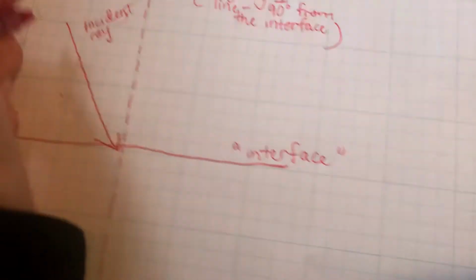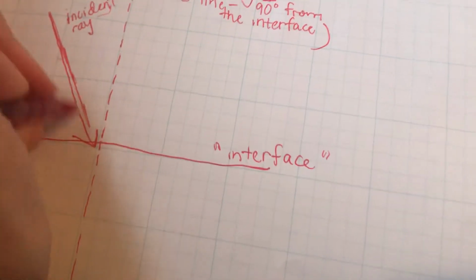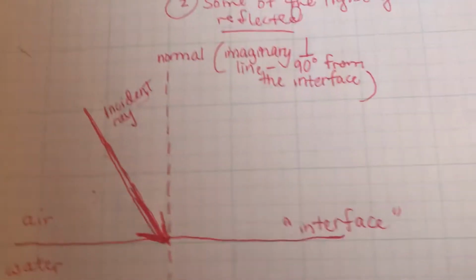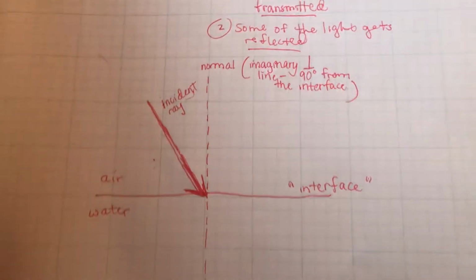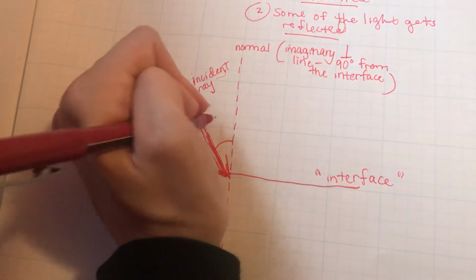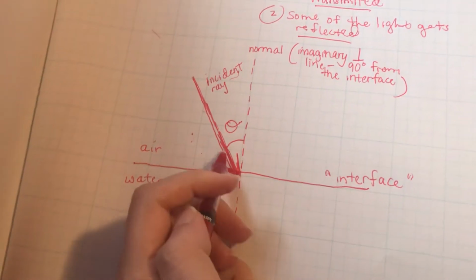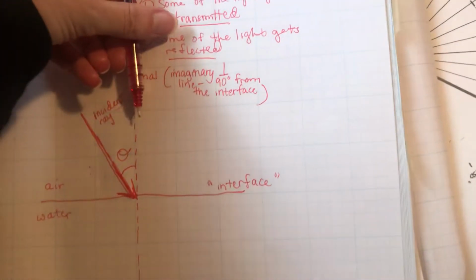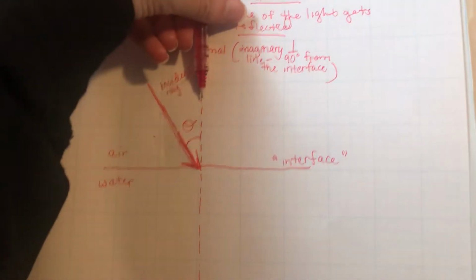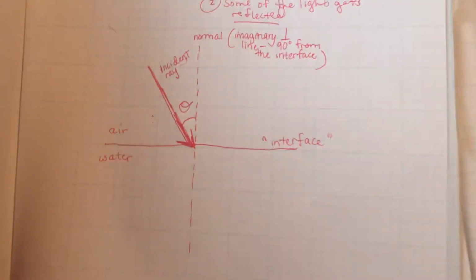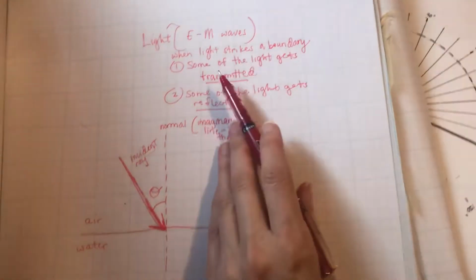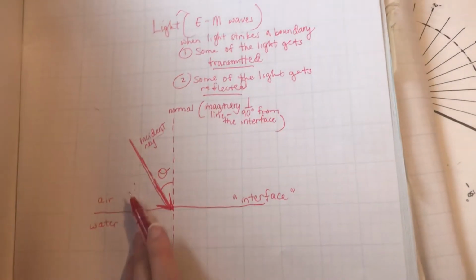So wherever that incident ray is striking, the angle that's going to be measured is always going to be measured relative to the normal. In other words, relative to if we were to just shine our light directly on the normal or straight on into that interface.